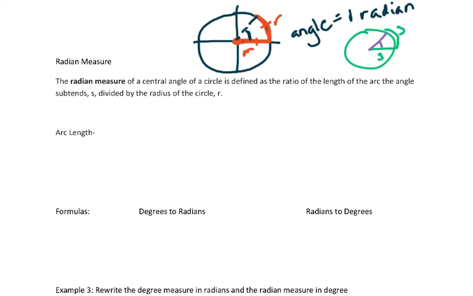So how we find arc length. Now what we're going to try and do is find some kind of conversion rate between radians and degrees. So your formula for arc length, we say this is S equals R times theta, where S is your arc length, R is your radius, and theta is your angle.